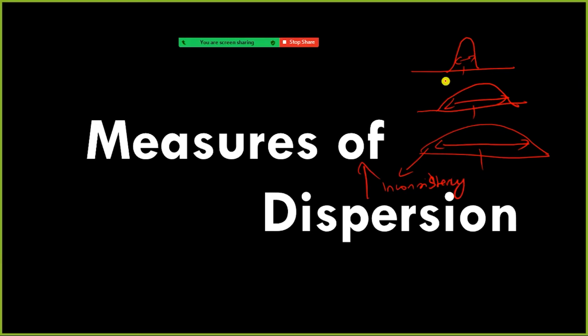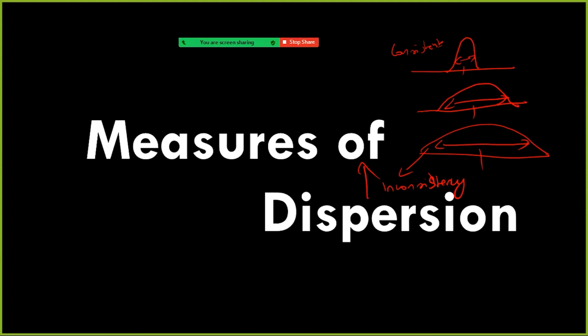Inconsistency is very high. So the lesser the width, the more consistent the data is. The measures of spread are very helpful to understand how consistent the data is. The larger the spread, the more inconsistent. The lesser the spread, the more consistent. Just park this in your mind at this moment.